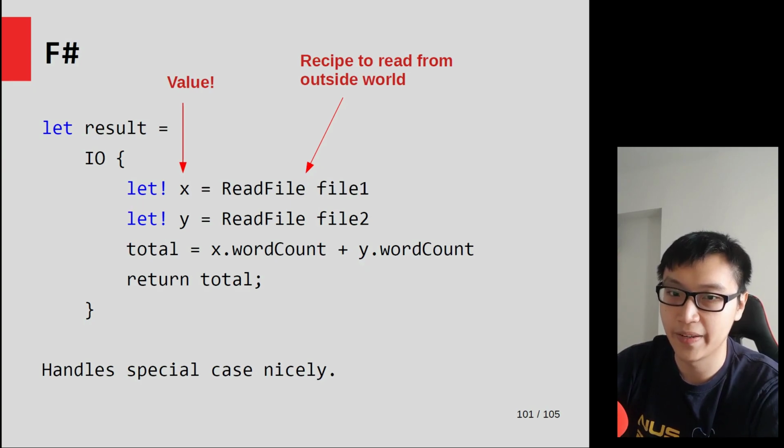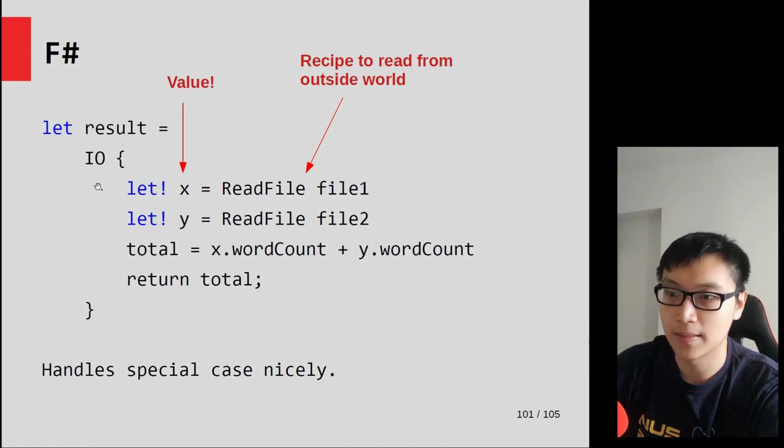Maybe the file will be different this time. Maybe the file doesn't exist this time, but you treat it as if you can extract a value out of it, the content of the file, and then you perform calculation using the content. So you extract the value out of a recipe to read from the outside world, and the I/O environment will help you handle all special cases.